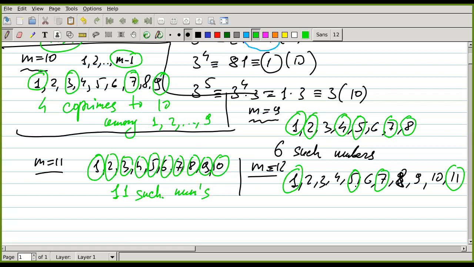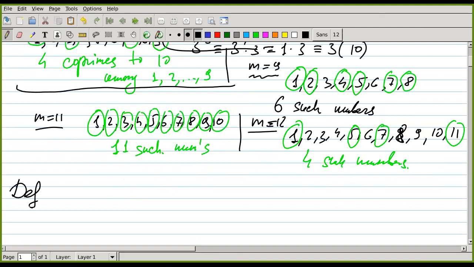Is any even number co-prime to 12? No, because 12 is even itself. Likewise, no multiple of 3 is co-prime with 12. So these are the only possible numbers. So 4 such numbers. Is it clear?